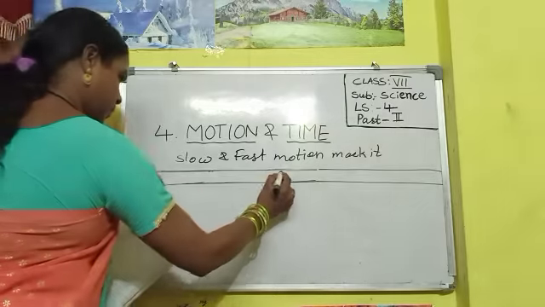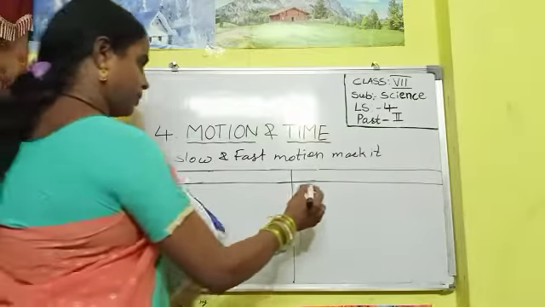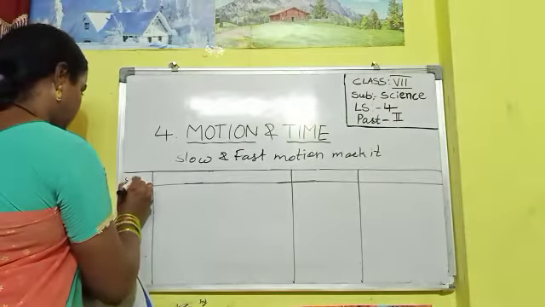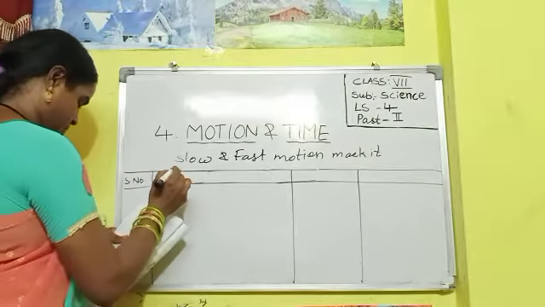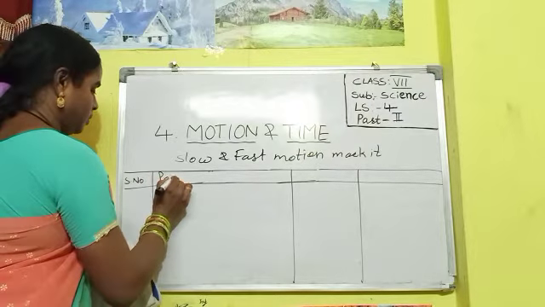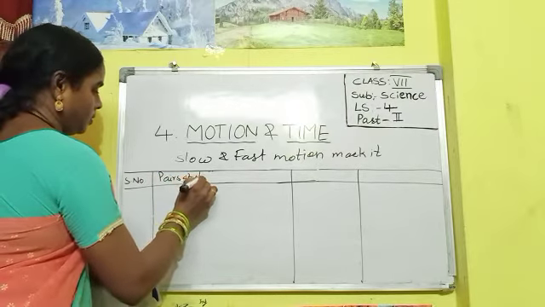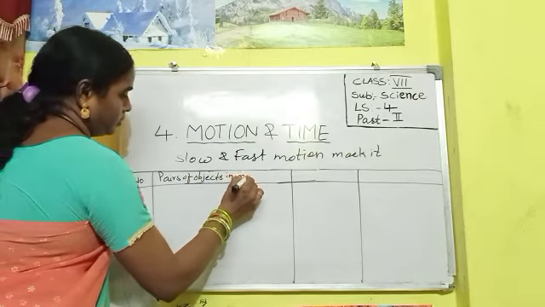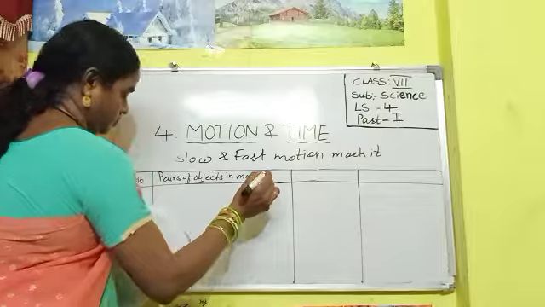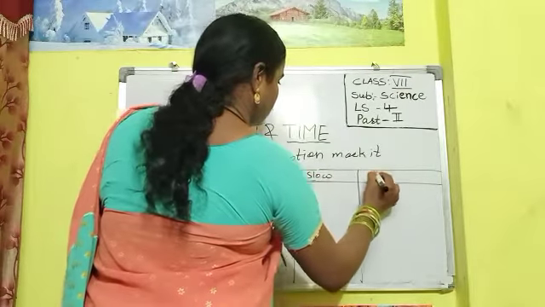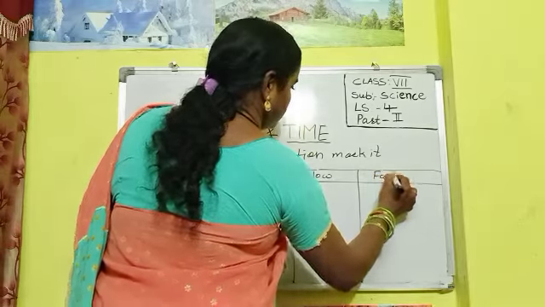Serial number. And here fast or slow you have to mention. Serial number, then pairs of objects in motion, and slow and fast.